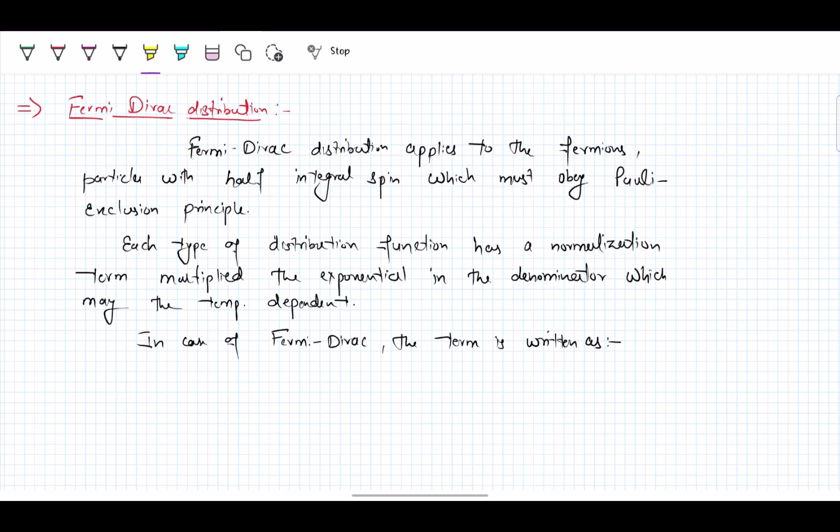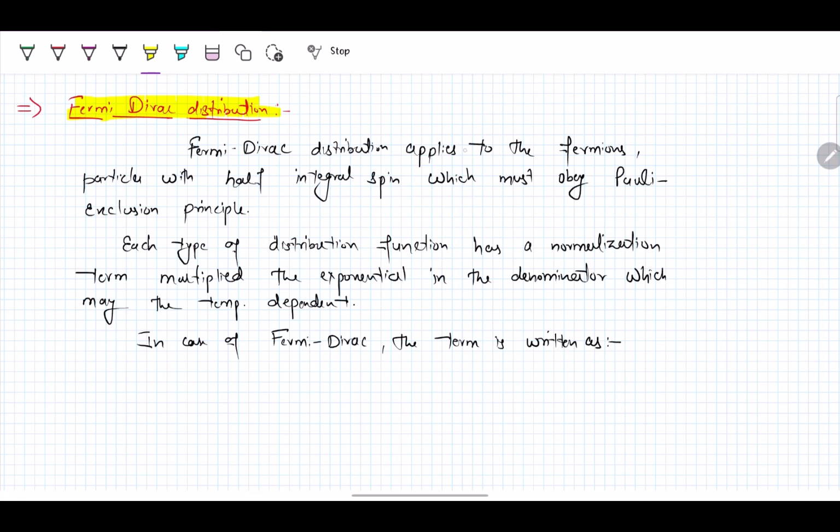Generally there are two types of distributions. One is the Bose-Einstein distribution, which is used for bosonic particles having integral spin. But electrons and particles with similar properties have half integral spin, so in that case we need to use the Fermi Dirac distribution.